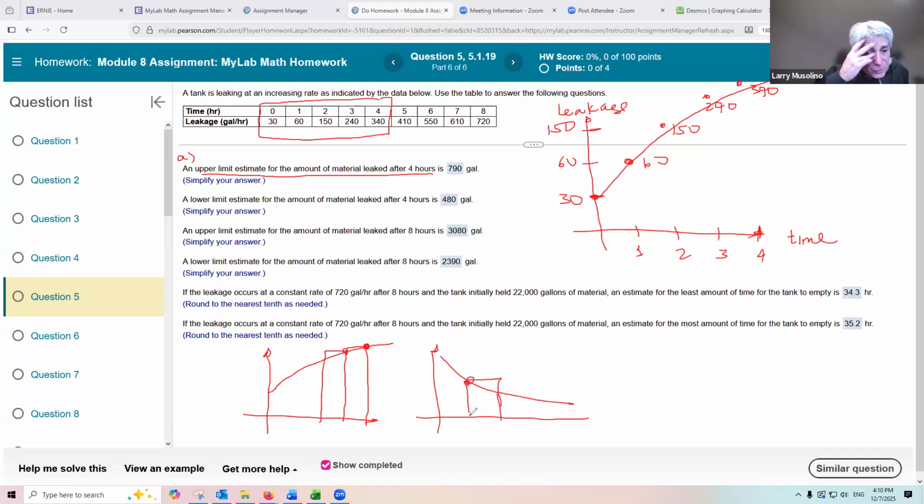So it makes a difference whether the graph is increasing or decreasing to decide whether you want to use left endpoints or right endpoints for an upper bound. Our graph is increasing, so we're going to use right endpoints. So this is not our graph, this is our graph, so we use right endpoints.